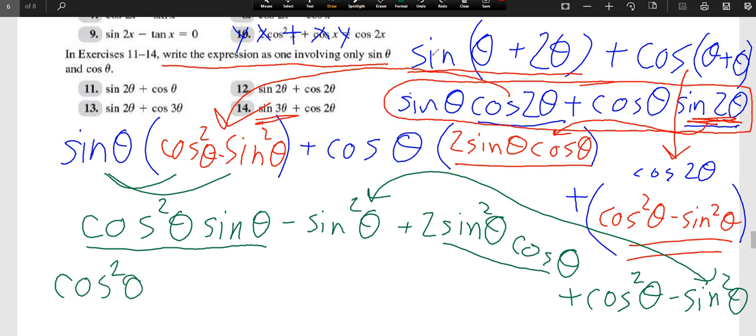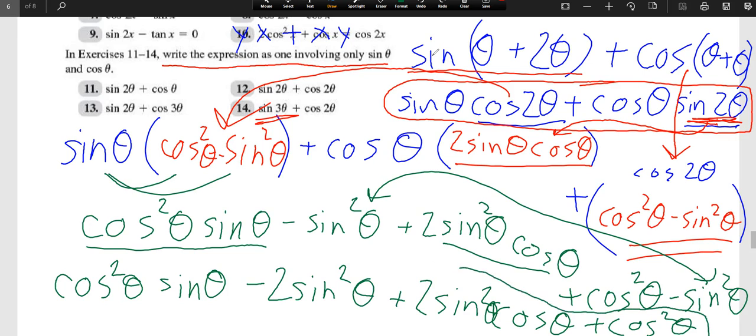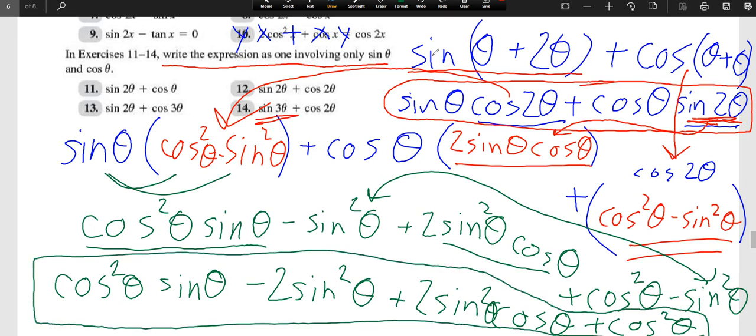Cosine squared theta sine theta minus 2 sine squared theta plus 2 sine squared cosine theta. Oops, sorry, forgot my theta in there. Plus a cosine squared. What a mess. Wow. Okay, I'm not sure anything cancels out there.